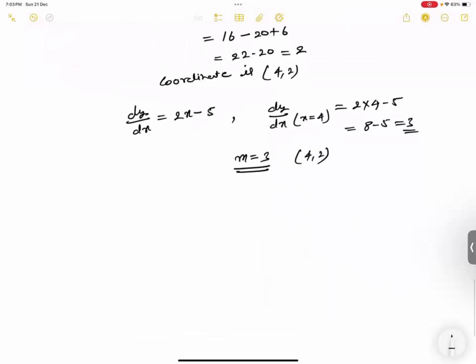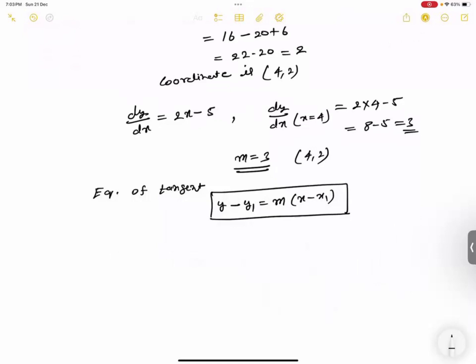So now we are finding the equation of tangent. The equation of tangent can be found like y minus y1 is equal to m times x minus x1. That's the formula we can use. This is x1 and this is y1. So we are writing this in the equation. y minus 2 equal to 3 times x minus 4.